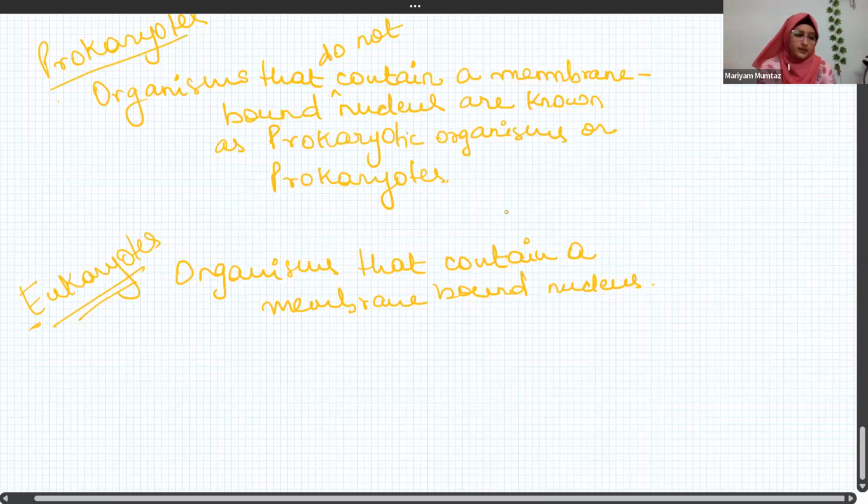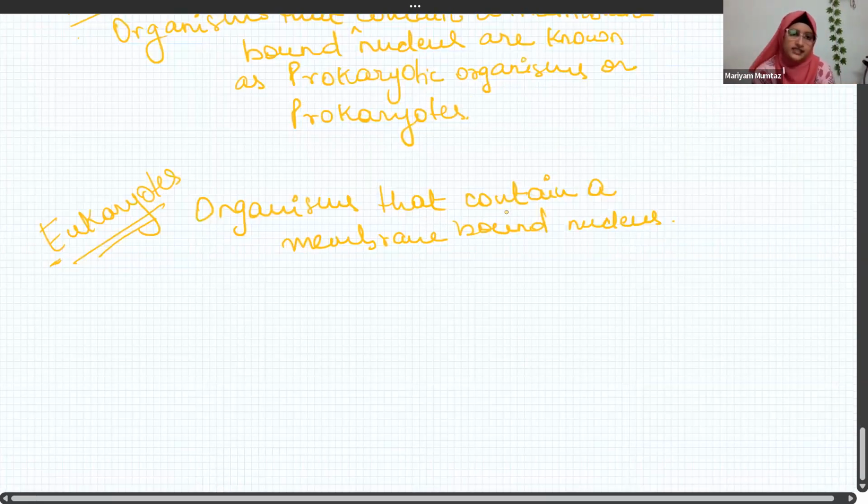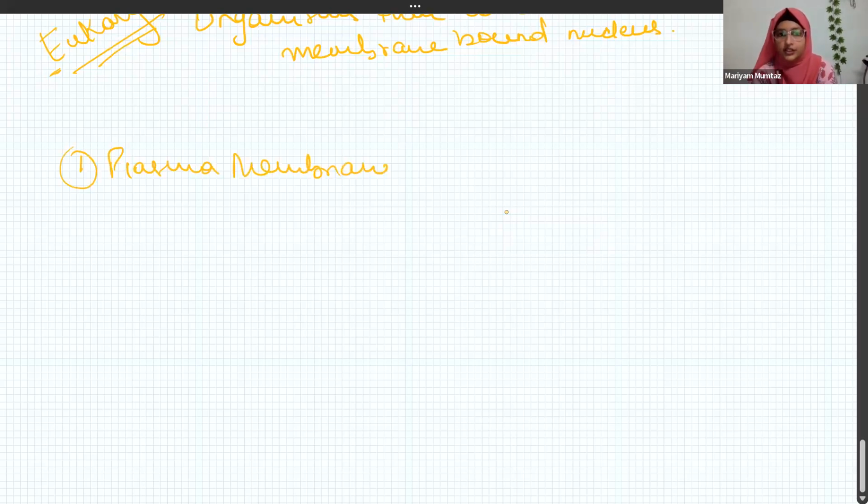Now, we were talking about the components of the cell, right? First we saw plasma membrane, and then we saw nucleus. Then I said that the nucleus may have a nuclear membrane or it may not.